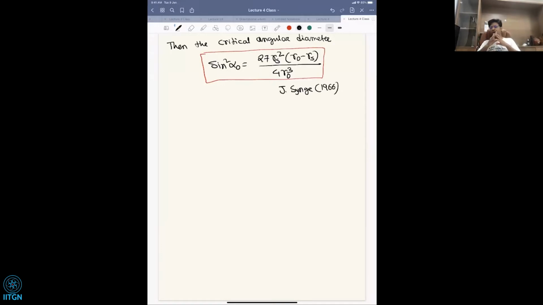Okay, good. So what does this equation tell us? If I look at the black hole, and there are light sources distributed everywhere behind the black hole, it looks to me like a black spot.